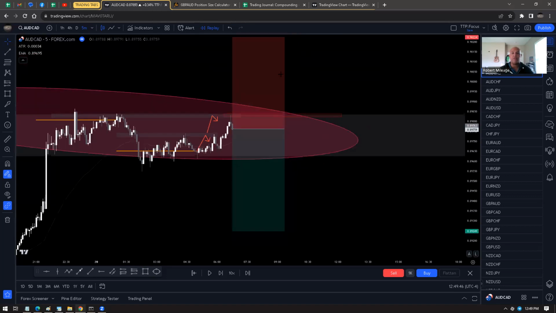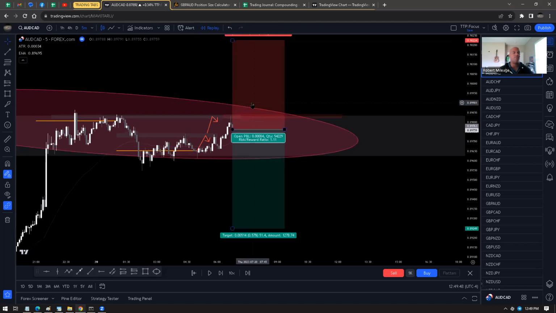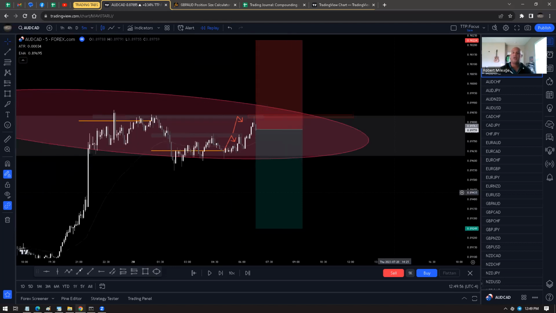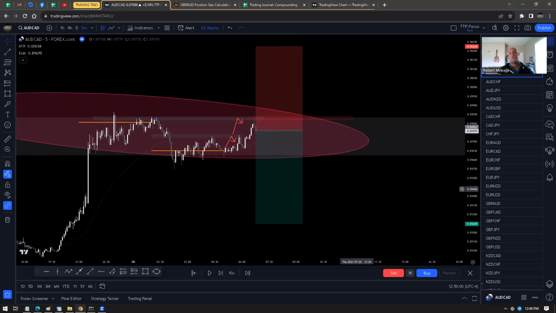So instead of having a full loss, I can lose a fifth of that. And then on the other trades where I've had a full win, a full run, it definitely makes up for the losses. So even with a 50% win rate, you can still be profitable as long as you know how to manage your risk. And this is one of the ways that I manage my risk.